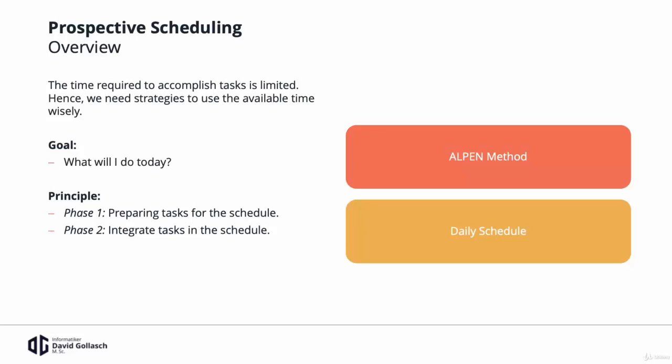First of all, we have to make clear that our goal is to answer for yourself the question of what you're gonna do today. And therefore, I propose the Alpen method in this part here. Alpen is the German word for the Alps, and it gives you a hint for 5 phases or 5 aspects of planning your daily schedule wisely.